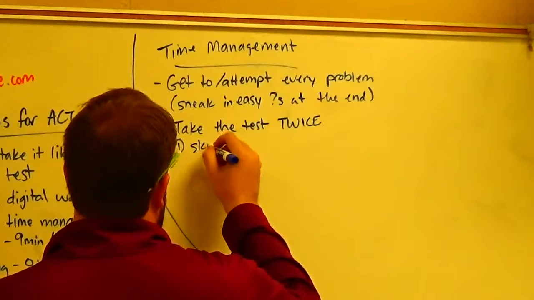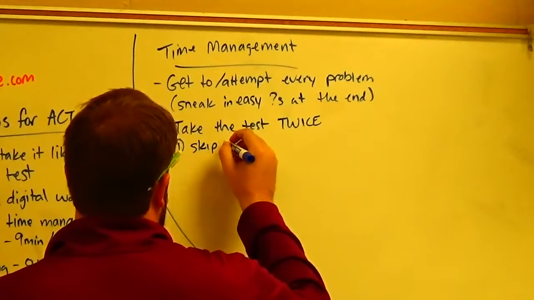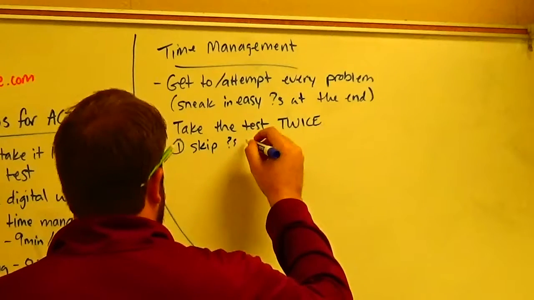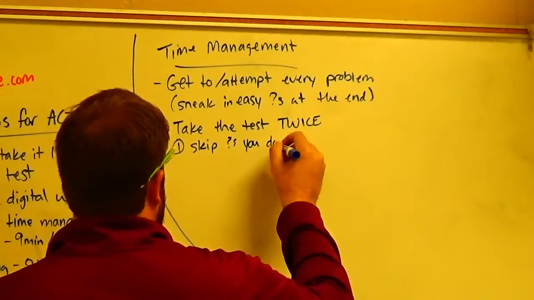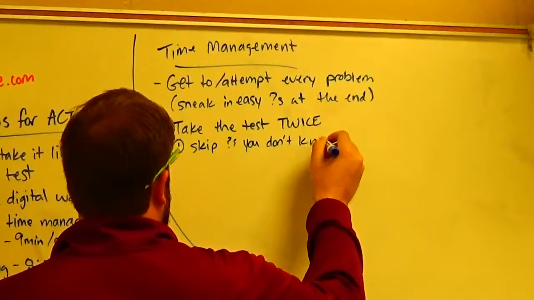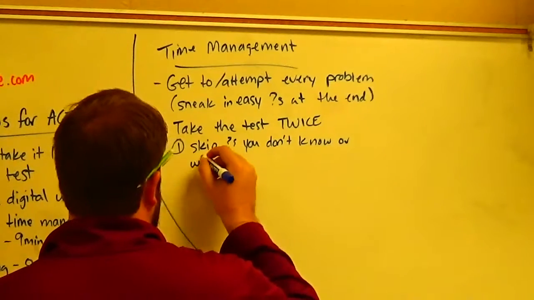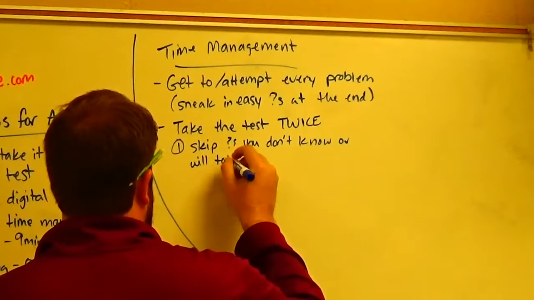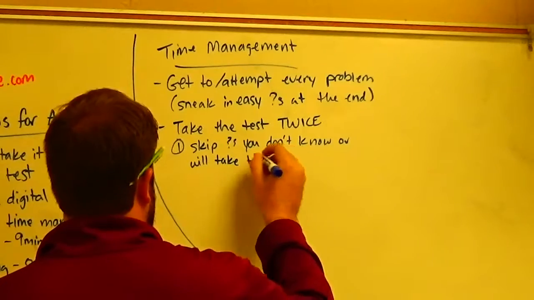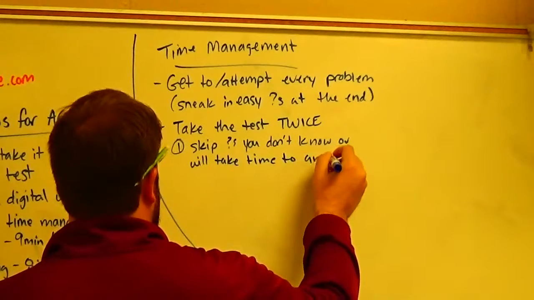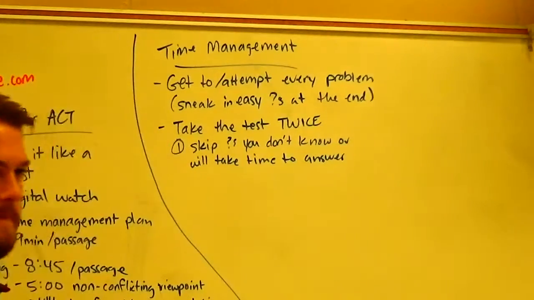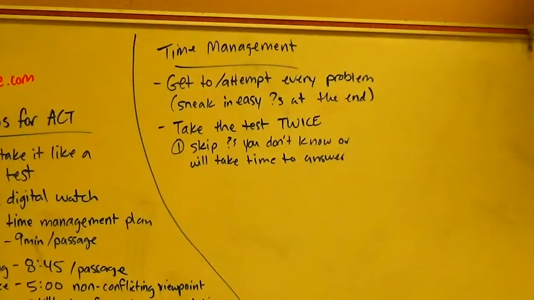So skip questions you don't know, or will take time to answer. If you read a question and you know how to do it immediately, work on it. If you don't know how to do it immediately, or you think it'll take some time, skip it and come back.